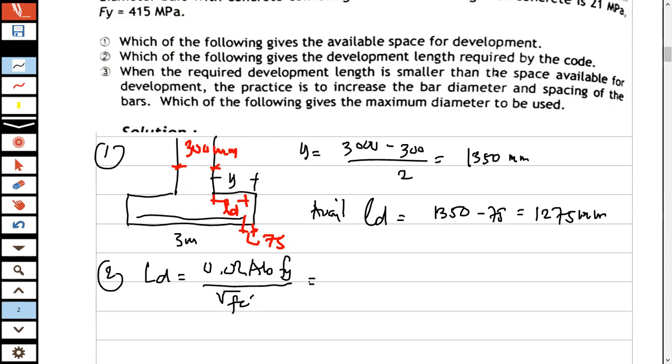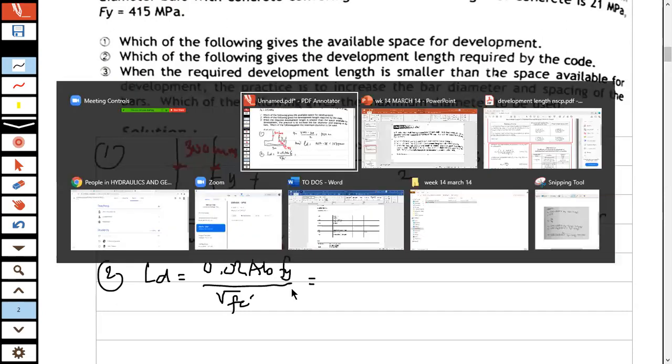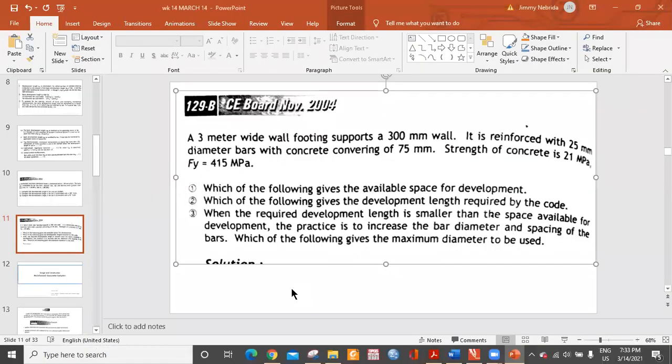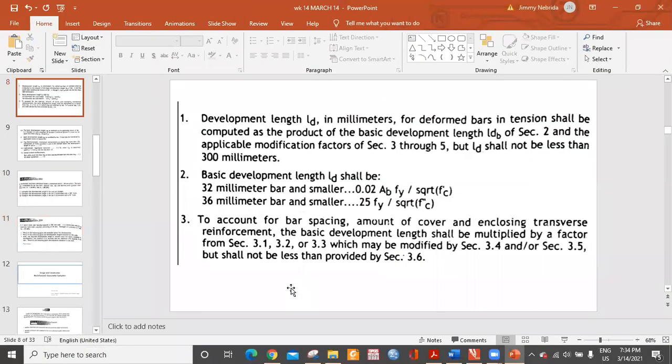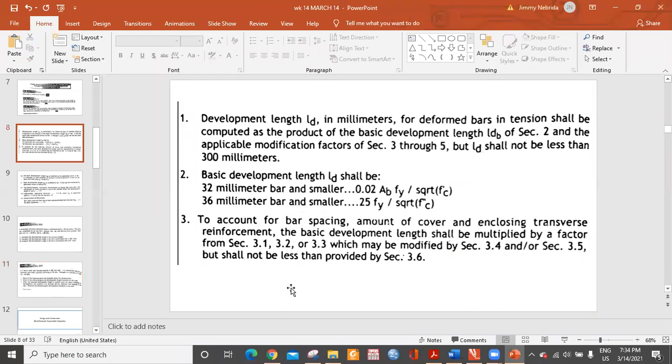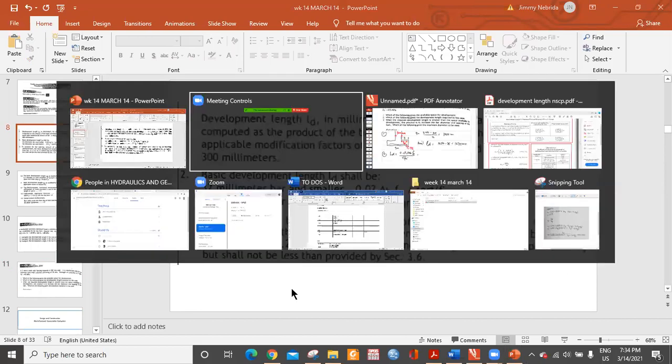So this one is for 32 millimeter bar or smaller. Pagka 36 bar, we use 25 Fy. Pagka 32 or smaller is 0.02 Ab.